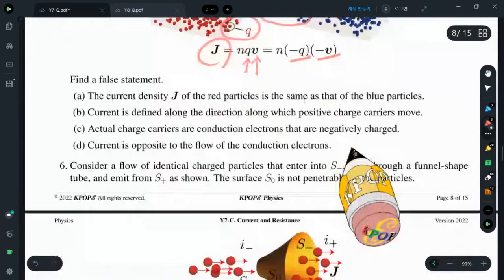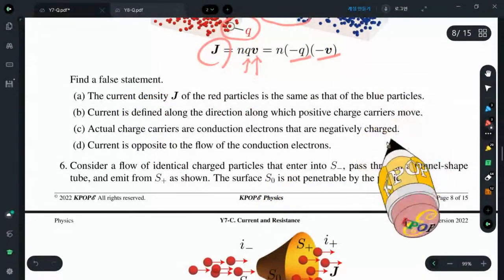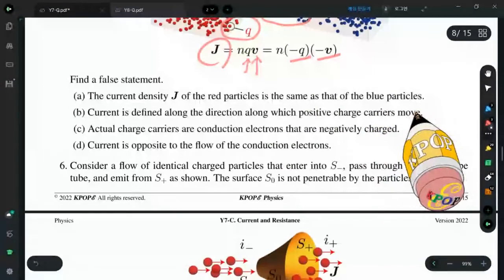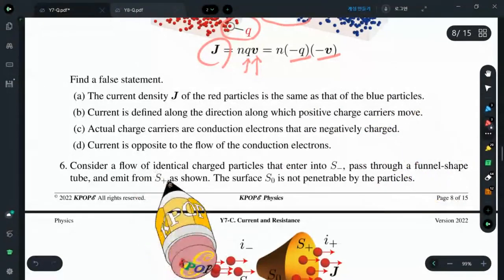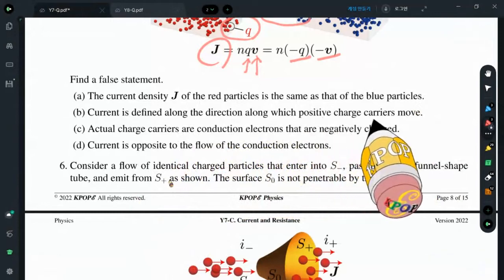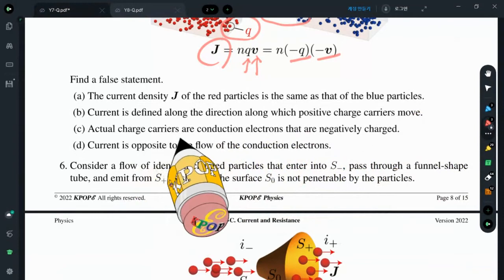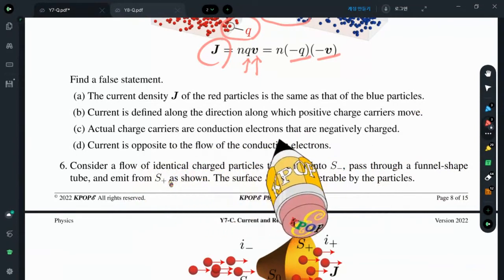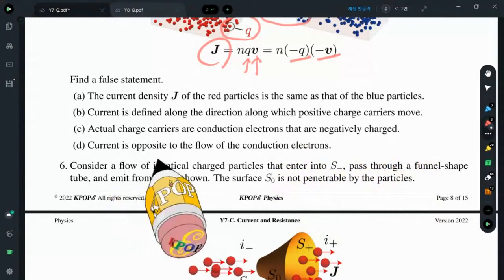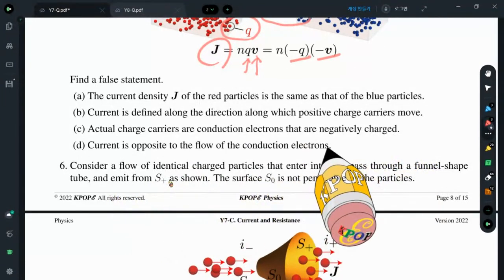So we are still happy with that wrong theory to describe the actual fact. Current is defined along the direction along which positive charge carriers move. Actual charge carriers are mostly conduction electrons that are negatively charged. Current is opposite to the flow of conduction electrons.